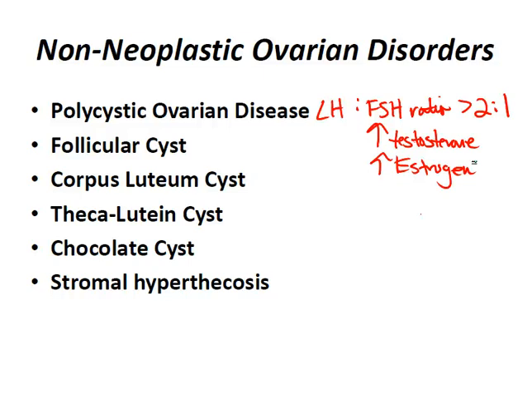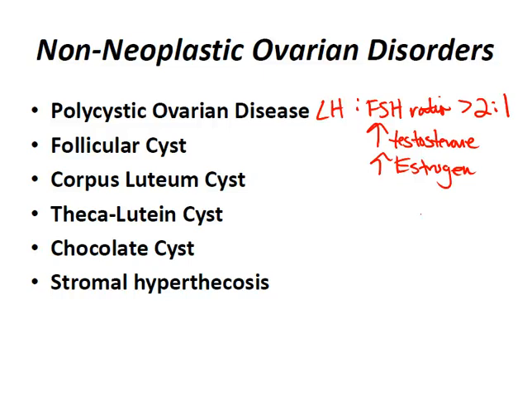And then you have increased androgen aromatization to estrogens in adipose tissue. Polycystic ovarian disease is also related to insulin resistance because insulin stimulates theca cell secretion of androgen and inhibits hepatic sex hormone binding globulins. So therefore you get increased free androgens. You have less sex hormone binding globulin because of the insulin.